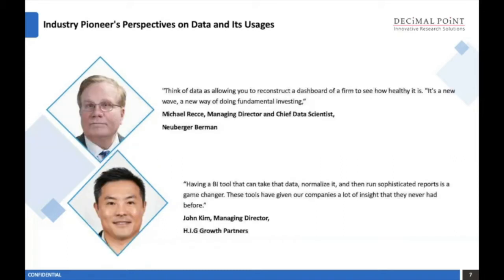With the increasing amount of competition, it is imperative that this information is processed quickly, which enables investment managers to take advantage of the investment opportunities presented to them.